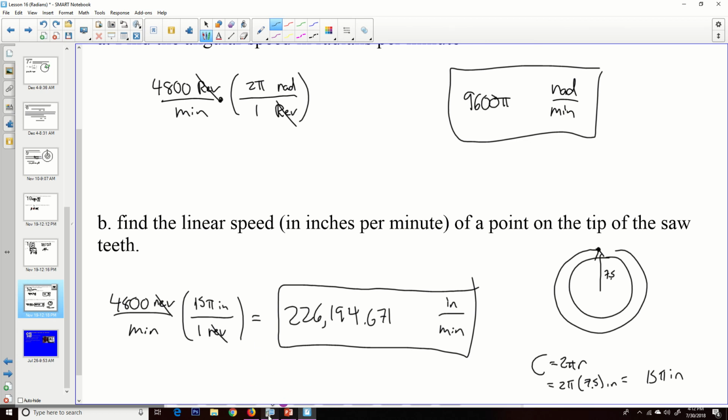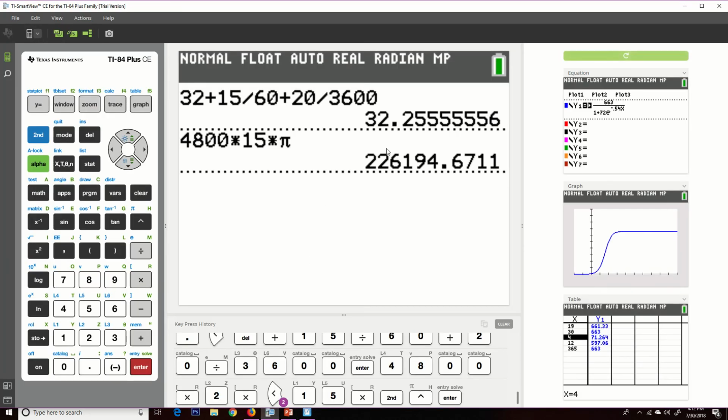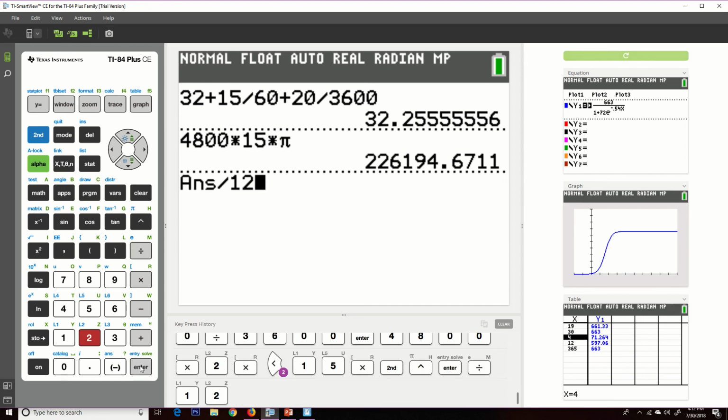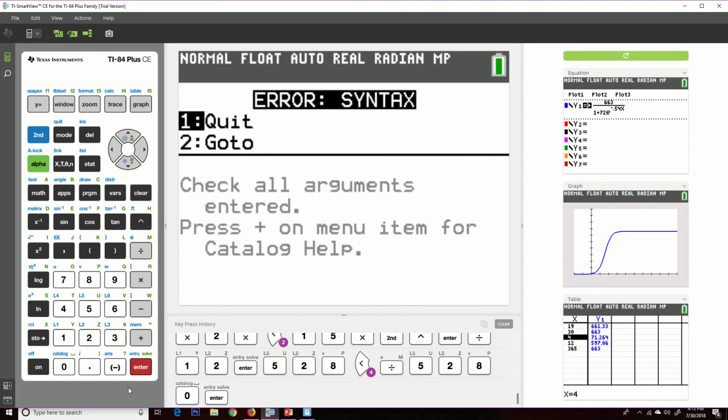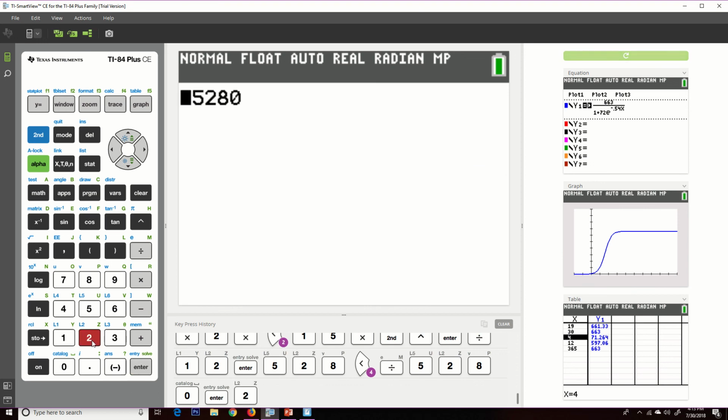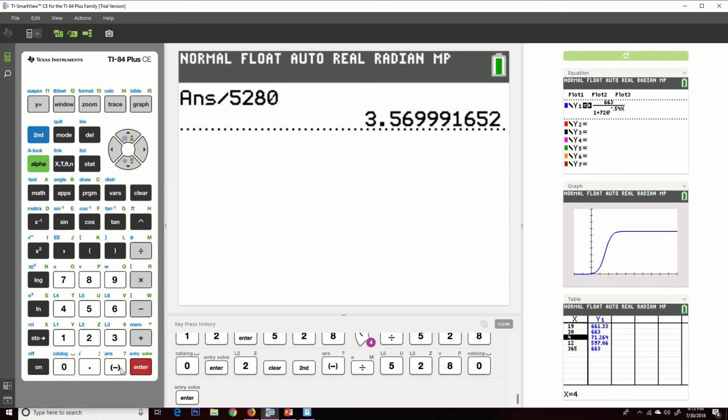Just so we have an idea, this is inches, so if I divide that by 12, that'll be feet per minute. If I divide that by 5,280, second answer divided by 5,280, there we go.